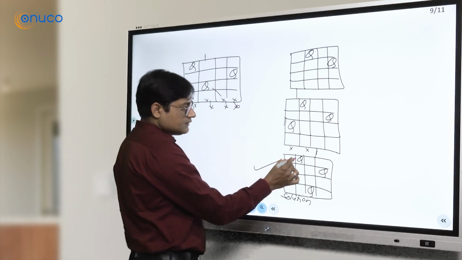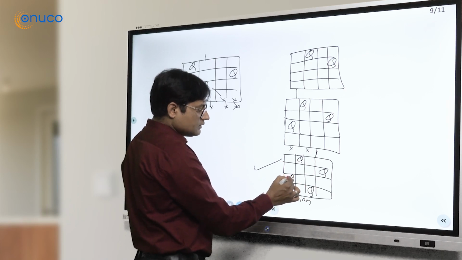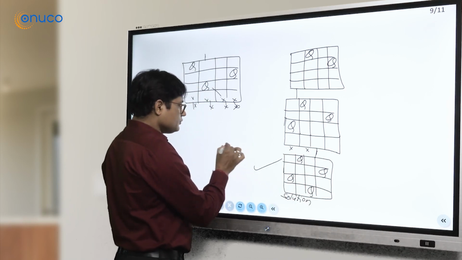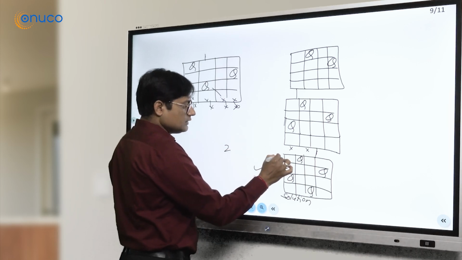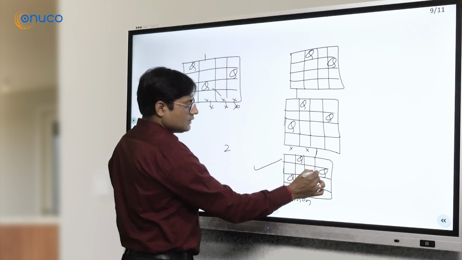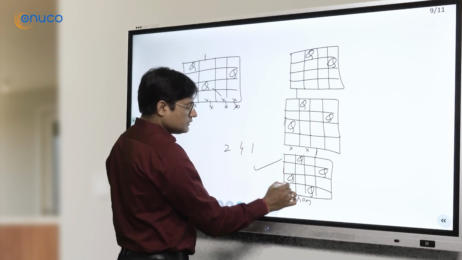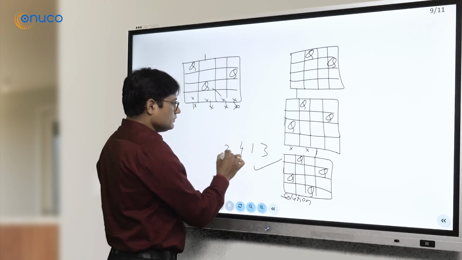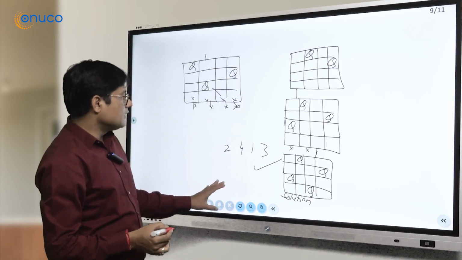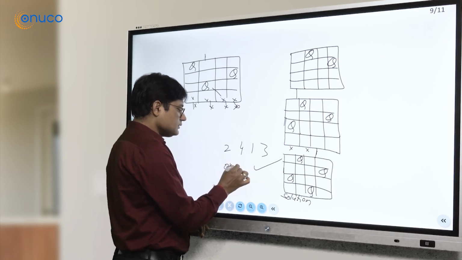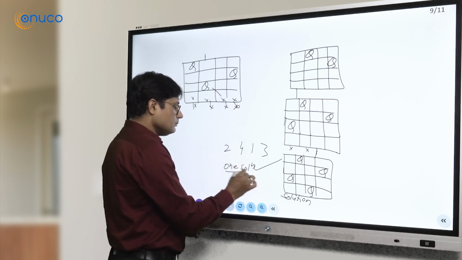We see that this is the second position, fourth position, first position and third position. Position in the first row is second, in the second row fourth, in the third row first, in the fourth row third. So these are all the positions of the queens we are getting, and it is one solution of the 4 queen problem.